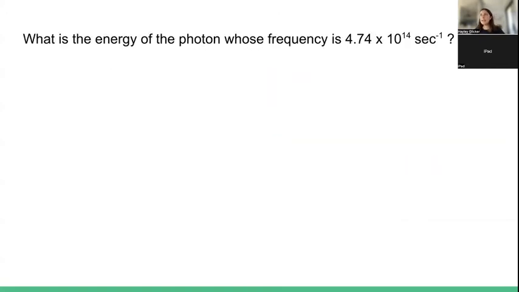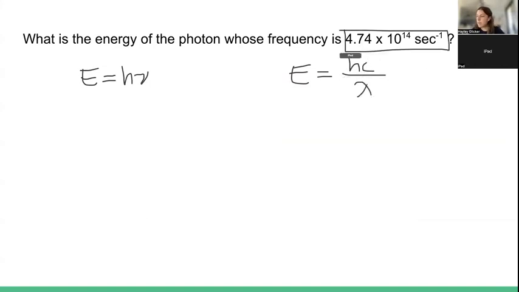Last but not least, it's asking what is the energy of that photon of light that we just solved for. So we know here that we have two different equations to solve for the energy of light. Energy is equal to h nu, and I also know that energy is equal to hc over lambda. Based off of my information given, I'm given my frequency.